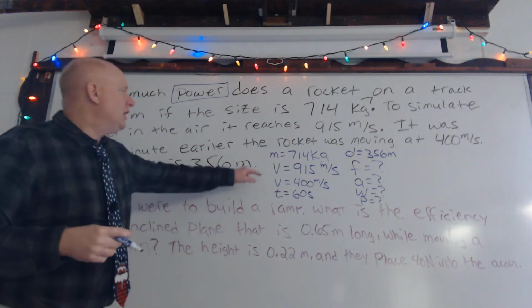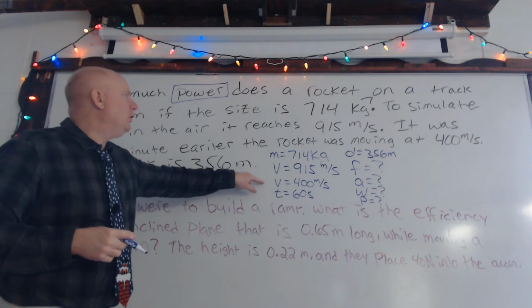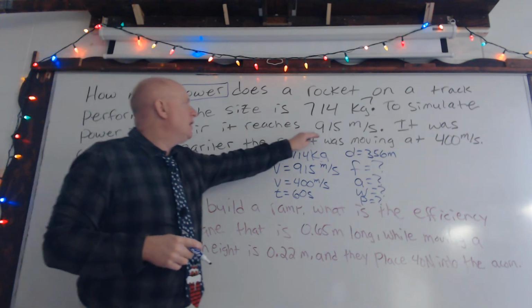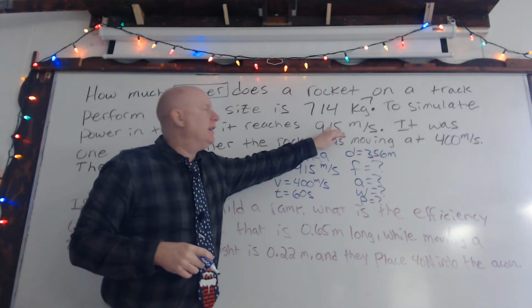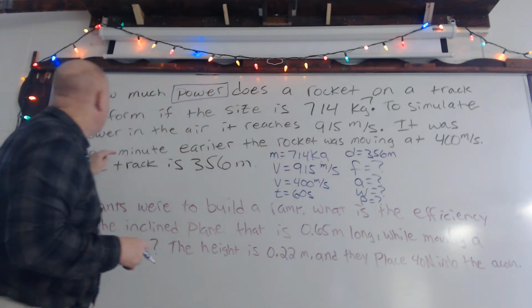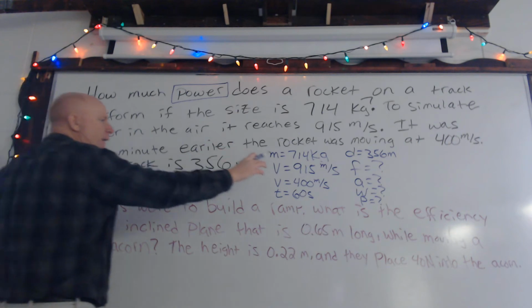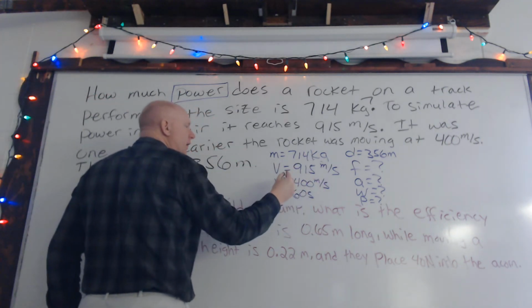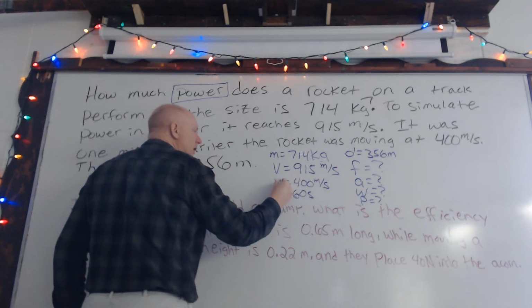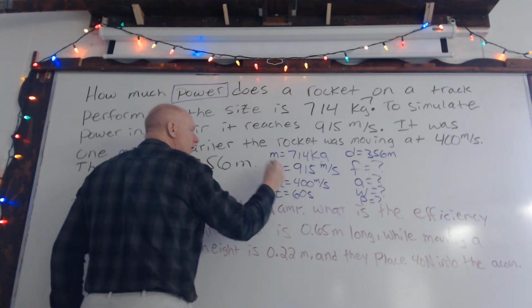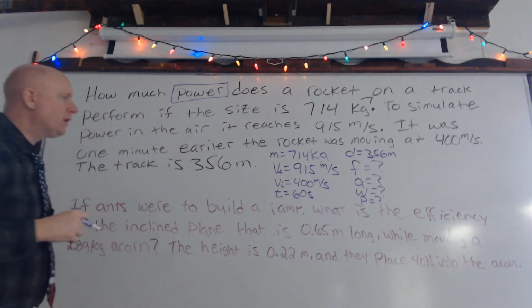So now we have to continue with these two velocities. And here's our clue. It says it reaches 915 meters per second. And then it says it was 1 minute earlier. So a minute earlier, it was moving at 400 meters per second. So therefore, that makes this an initial velocity, and that one a final velocity.